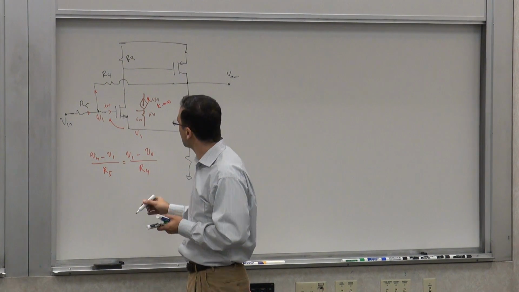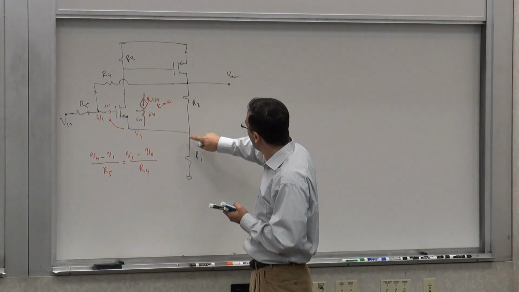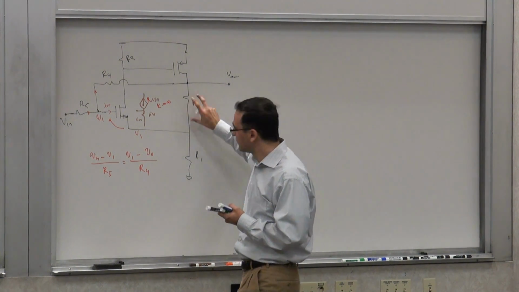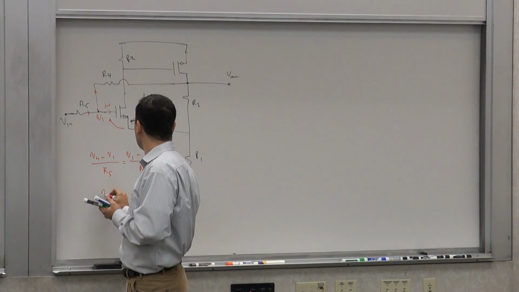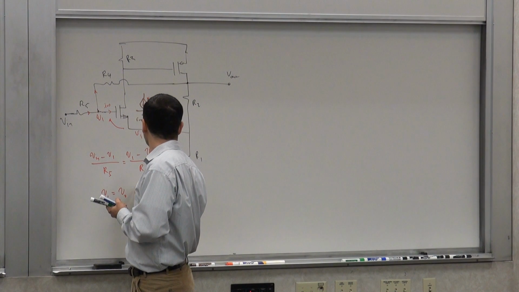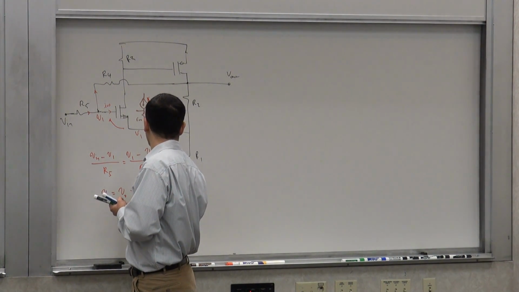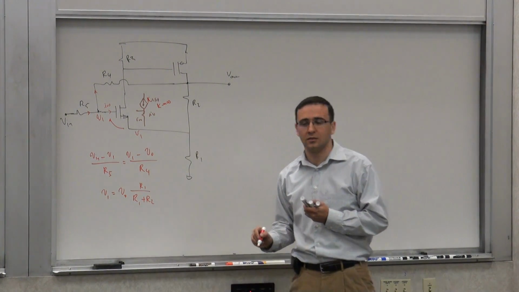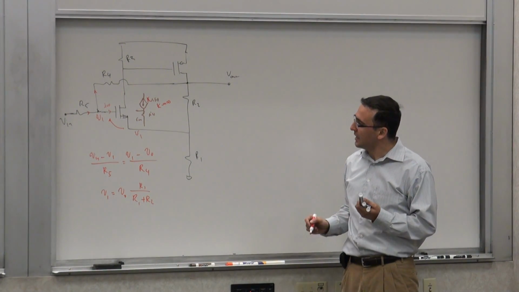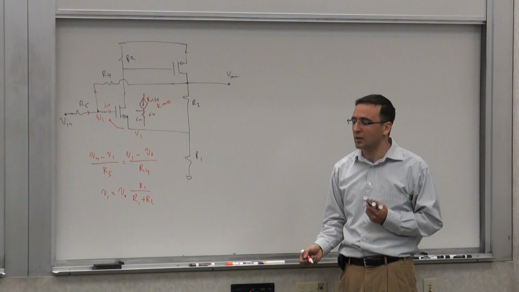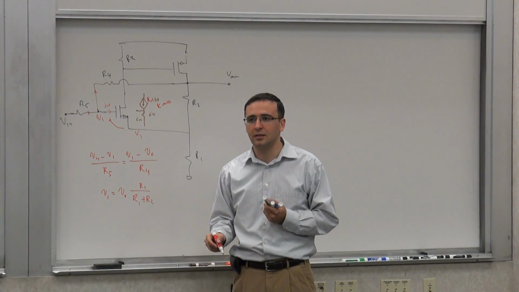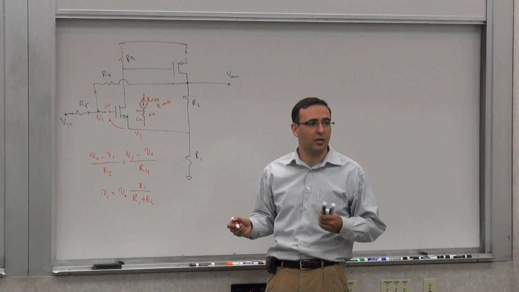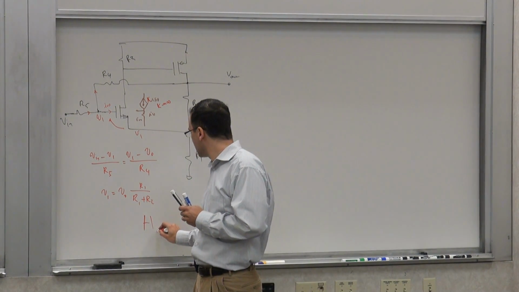And I can say something else. I know that this voltage is the divided down version of that voltage. So I know that V1 is VO times R1 over R1 plus R2. Asymptotic. So I can eliminate V1 between these two. I can plug the V1 from this into that, and calculate the ratio of VO over Vin, and calculate my H infinity.